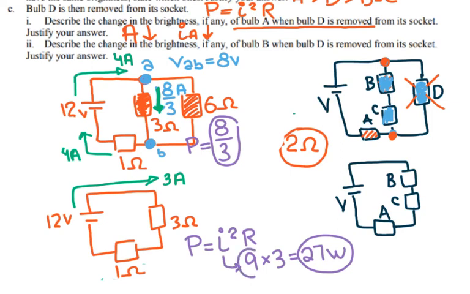So you have 3 squared after you removed the 6 ohm resistor, and before you had 8/3 squared, which is less than 3 squared, times 3. So the power before is lower than the power after. So the brightness of bulb B is going to go up. The answer for this part, B, is that it is going to be brighter because the current through B will increase after you remove D.